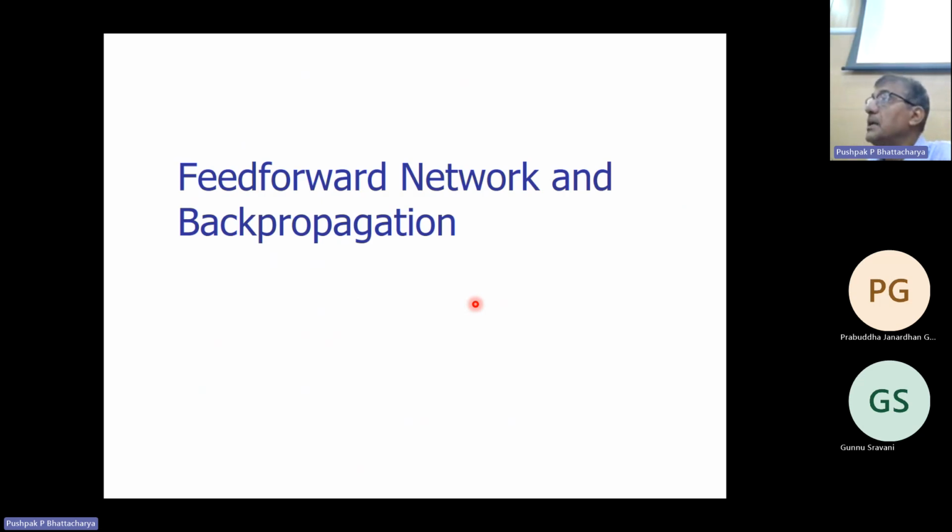Okay, so now let's begin arguably the most important topic of deep learning. A piece of work which got one of the authors of backpropagation, one of the three in the physics Nobel Prize, the Nobel Prize itself. Okay, it is backpropagation.